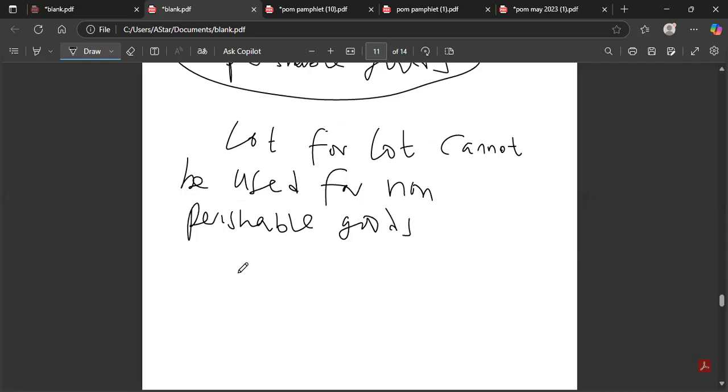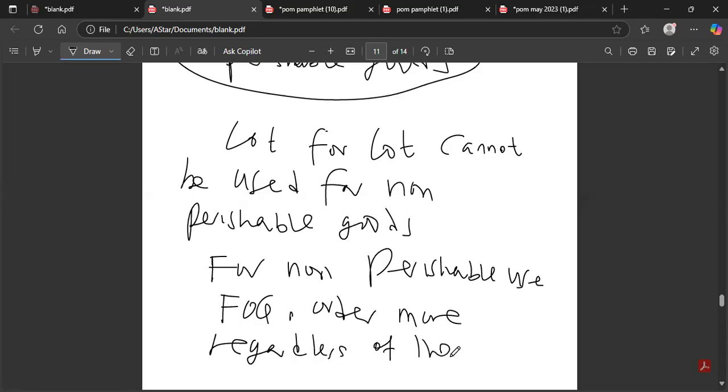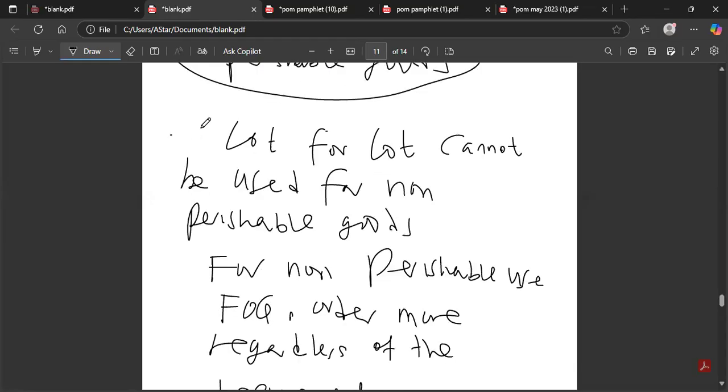For non-perishable, use fixed order quantity, FOQ. You can order more regardless of the requirement. Whether I like it or not, you may find a question on MRP in an exam. So the more of them we do, the better, so that you become comfortable.